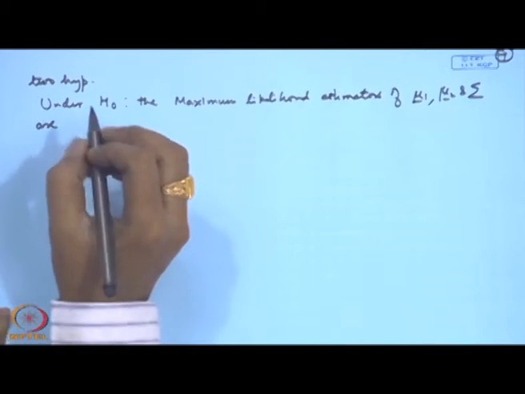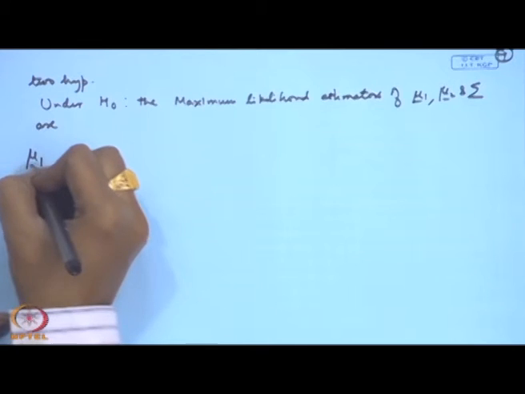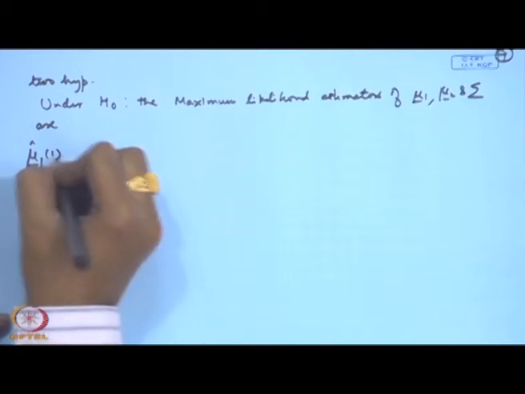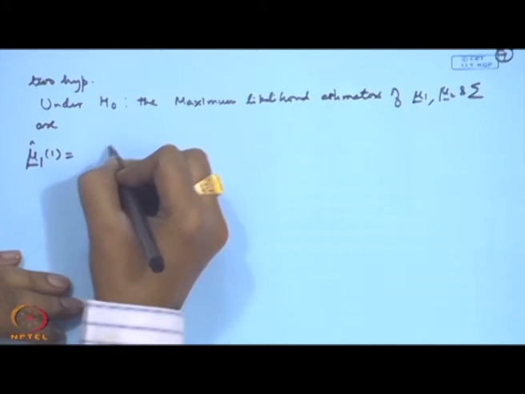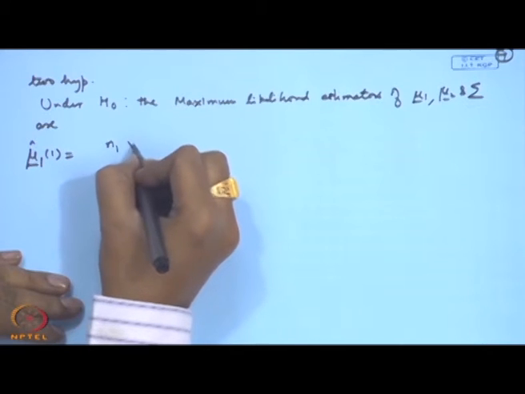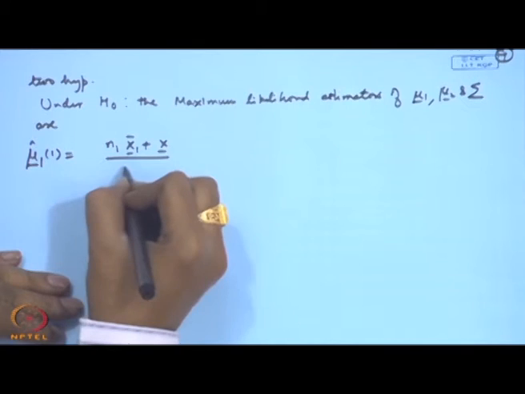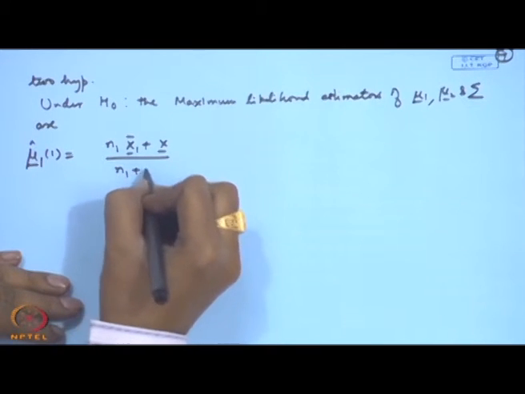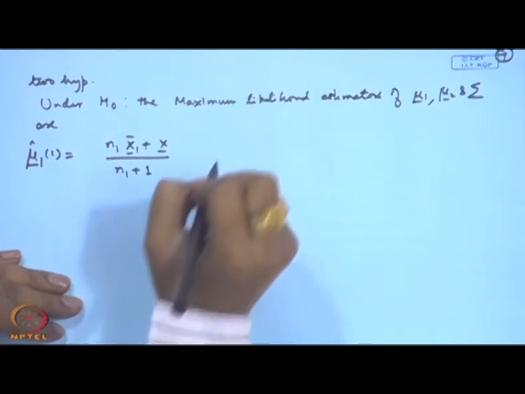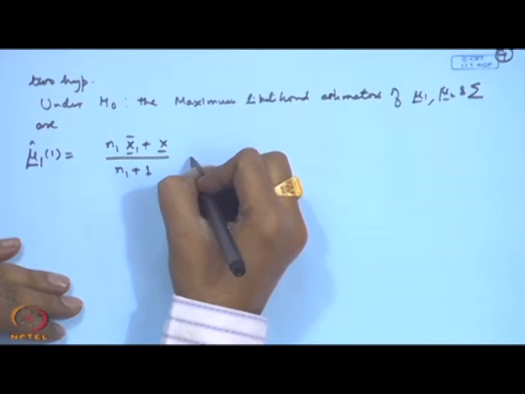I will call it mu 1 hat 1, that is equal to (n 1 x 1 bar plus x) divided by n 1 plus 1. This observation x comes in because you are considering the mean of these n 1 plus 1 observations.